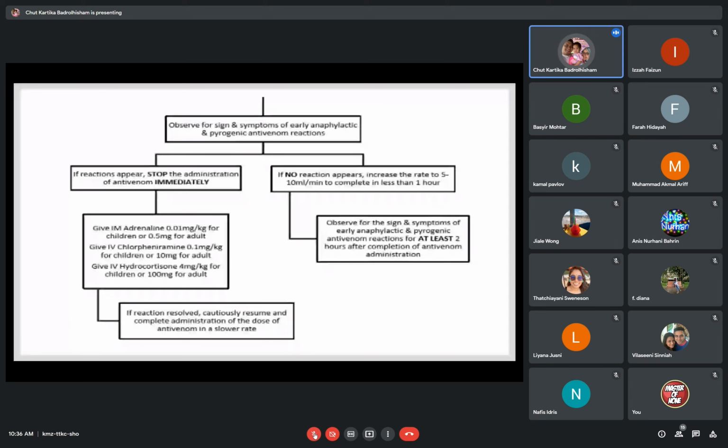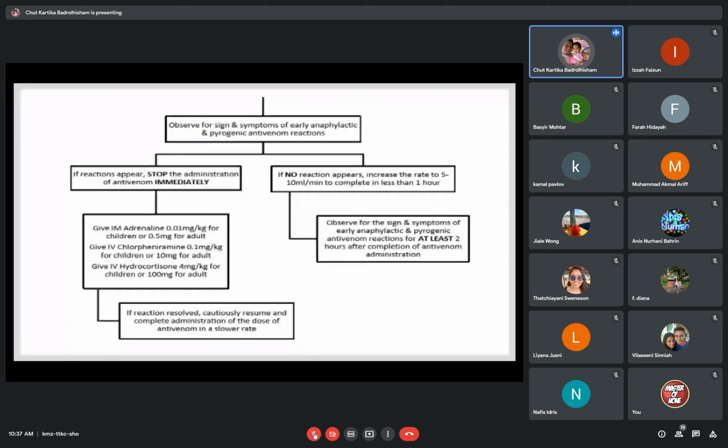Then we give adrenaline, piriton and hydrocort. Adrenaline we can give 0.01 mg per kg for children, 0.5 mg for adults. IV piriton we give 10 mg for adults as usual, and 0.1 mg per kg for children. IV hydrocort we give 200 mg for adults, 4 mg per kg for children.